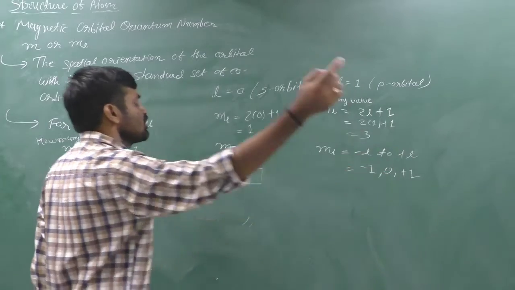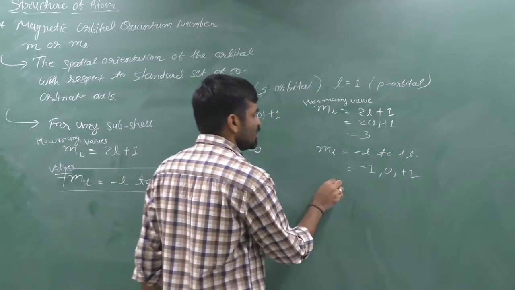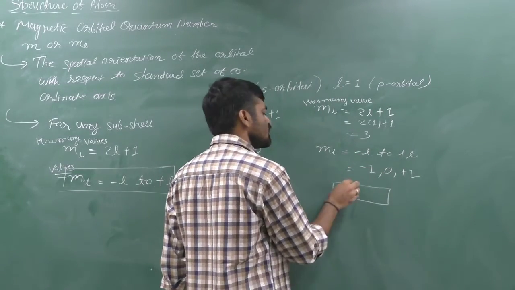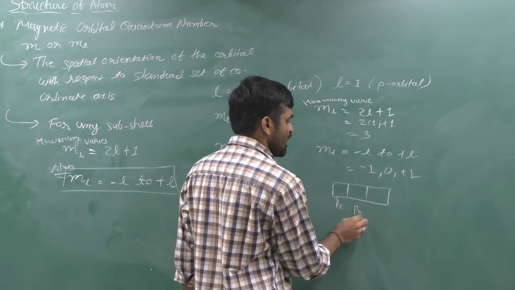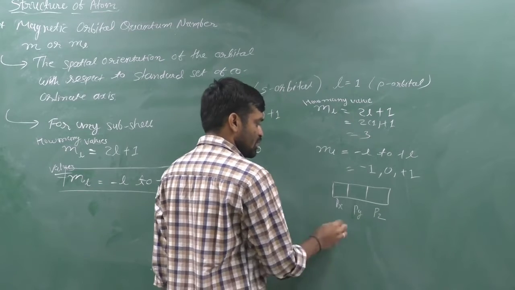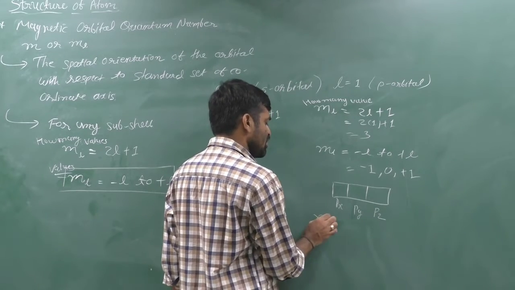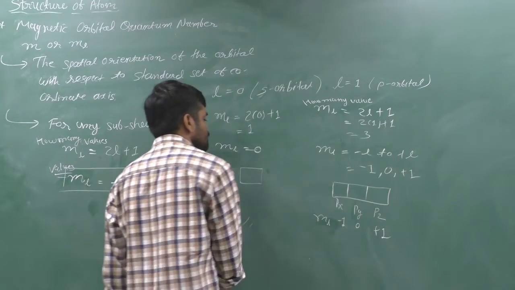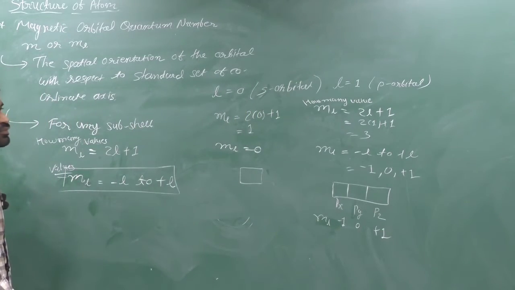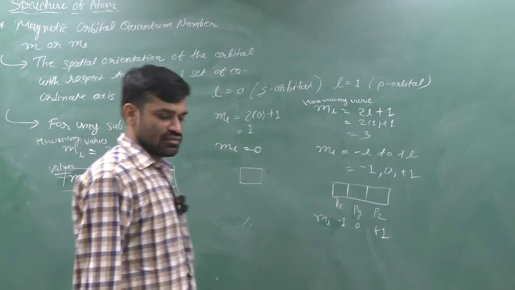Therefore the p orbital has 3 subcells, px, py, pz. For that ml is minus 1, 0 and plus 1. I think you can understand it.